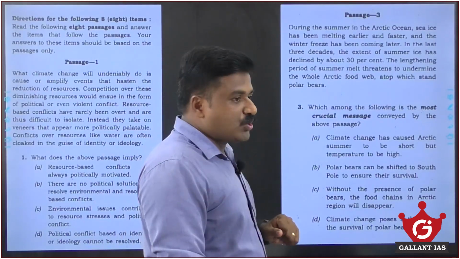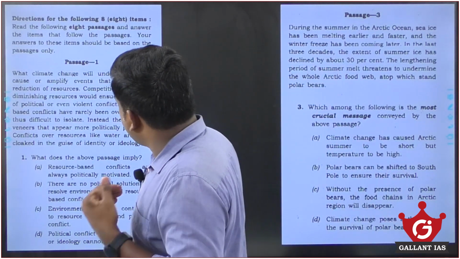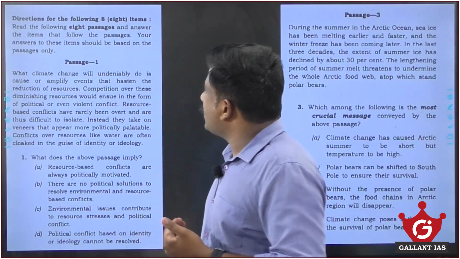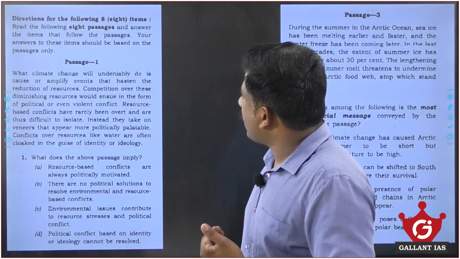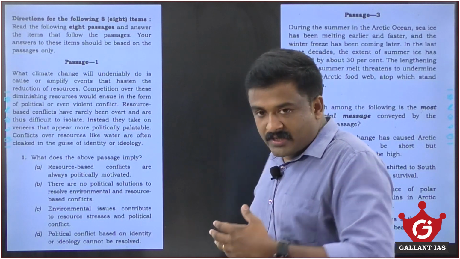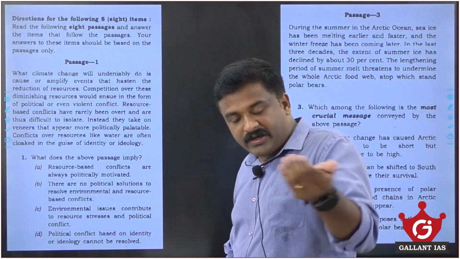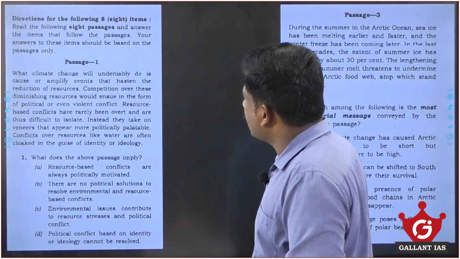Now, there is another passage which I took from 2017. What climate change will undeniably do is cause or amplify events that hasten the reduction of resources. I read the passage, but as I already told you, you read the questions first and then come to the passage.